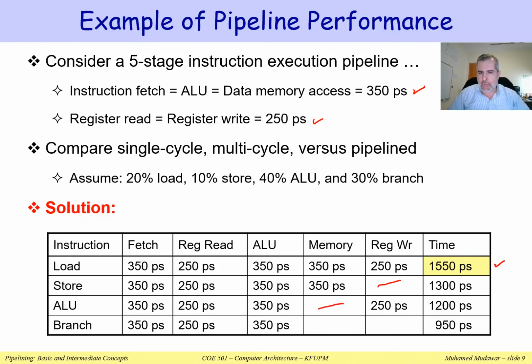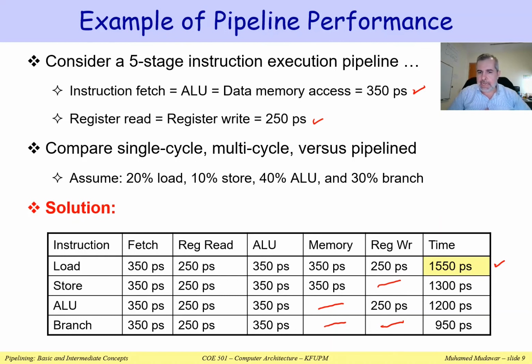So there is no need to access the memory. Therefore, the latency of a typical ALU instruction is only 1,200 picoseconds. Whereas in the case of a branch, there is no need to access the data cache, or to write anything back to the register file. So the latency of a branch can be reduced to 950 picoseconds.